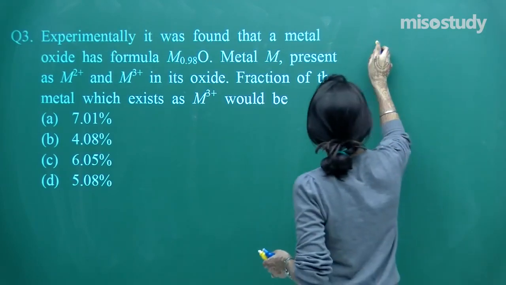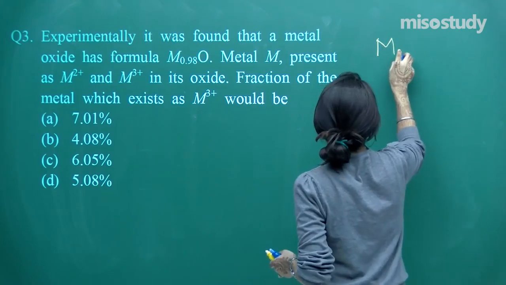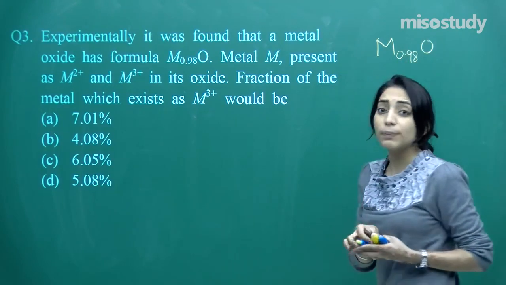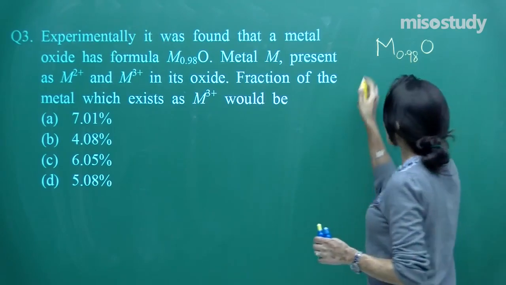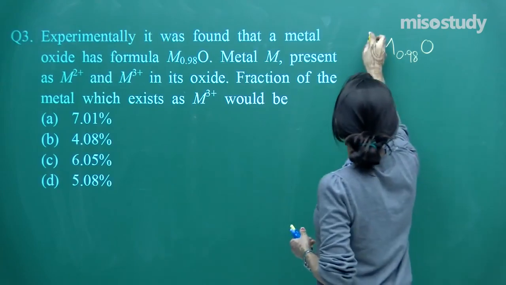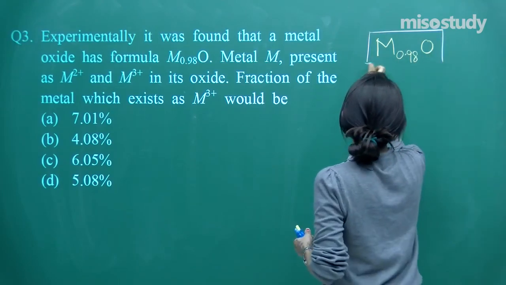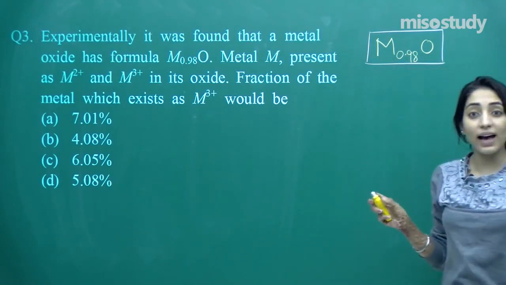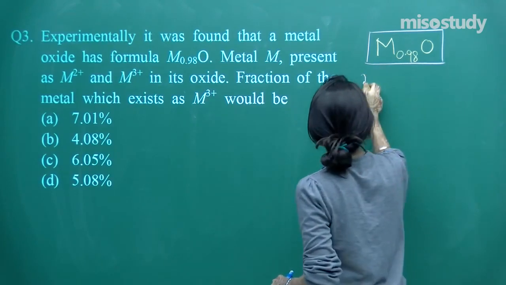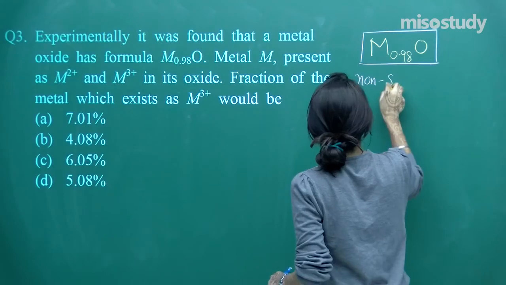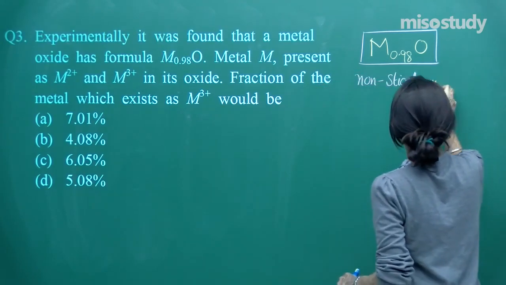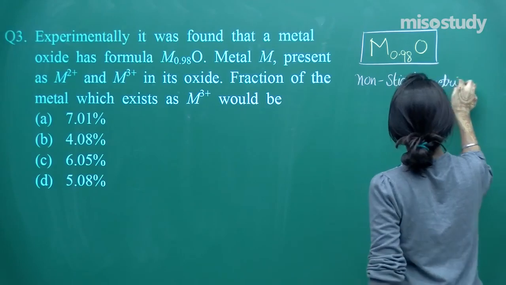See guys, with a metal oxide of this formula, you must be okay if I say that this belongs to non-stoichiometric defects. Because we do not have an exact formula. So if the exact formula is not known, I can say this is an example of a non-stoichiometric defect.